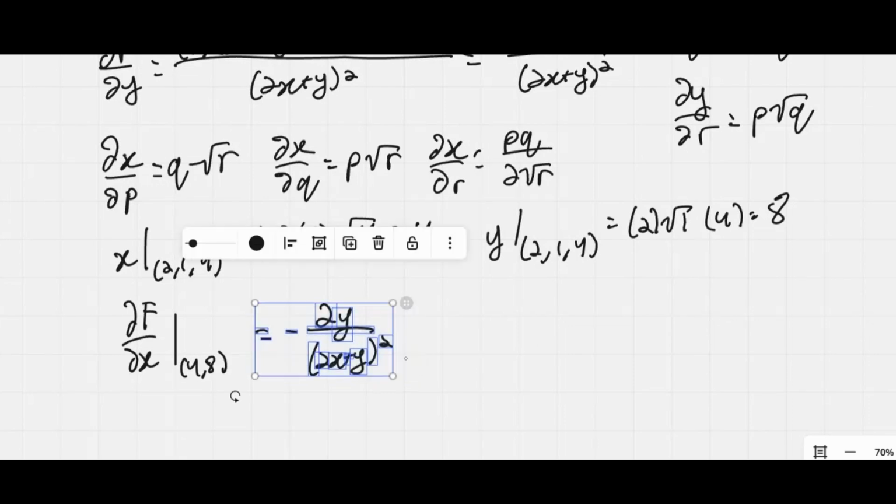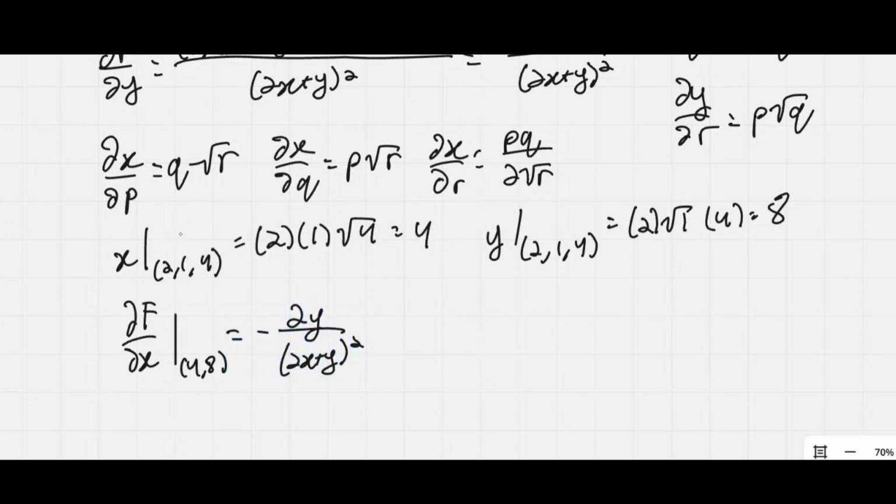And so changing that value, we can now sub in the values of 4 and 8, and so we'll get our evaluated value of the partial of f with respect to x. So let me do that really quickly. We're finding the value at 4, 8, so we can remove the parentheses.